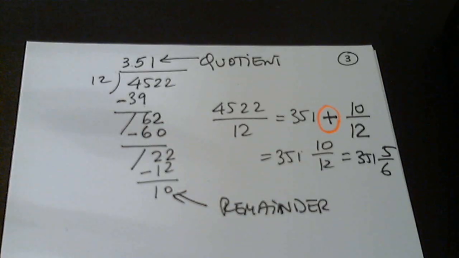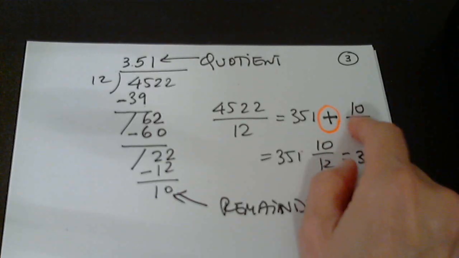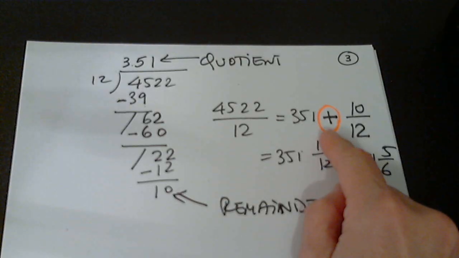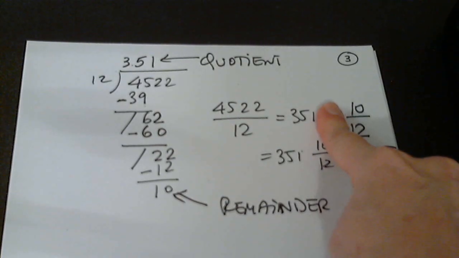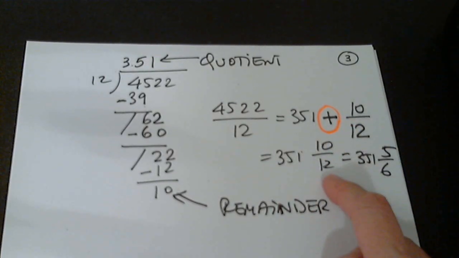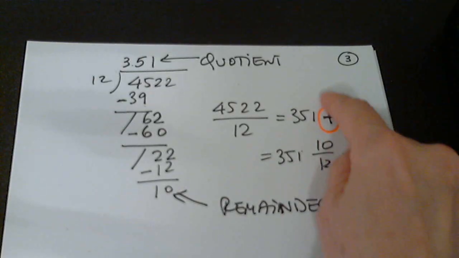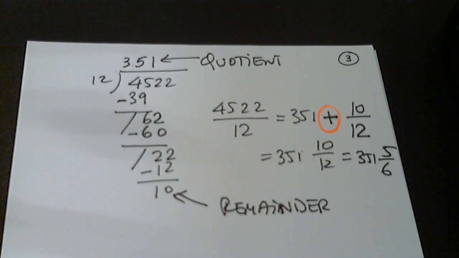I cannot write that the answer is x plus 3, no symbol, and the remainder over the divisor. Here, it can be omitted when we talk about numbers. So we don't really write this. We write it as 351 integers and the proper fraction, simplified. But please remember, this cannot be missing, either positive or negative. Cannot be missing when we are going to write the final answer for polynomials.